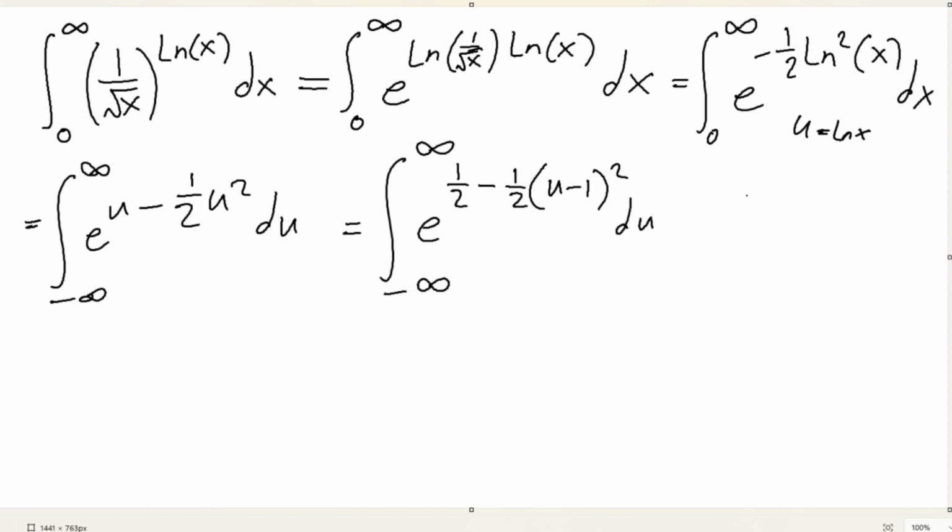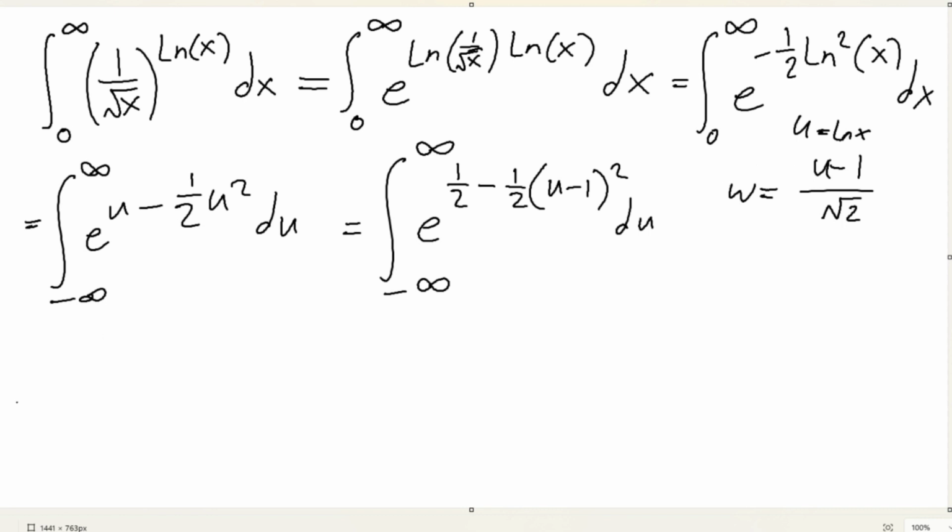du. And so what we would do is let w equal u minus 1 over root 2. I know, nasty, annoying constants, but you'll get used to it. This is square root of e.